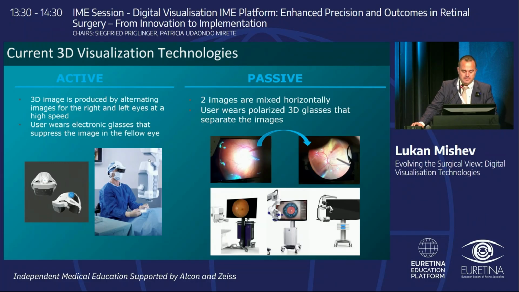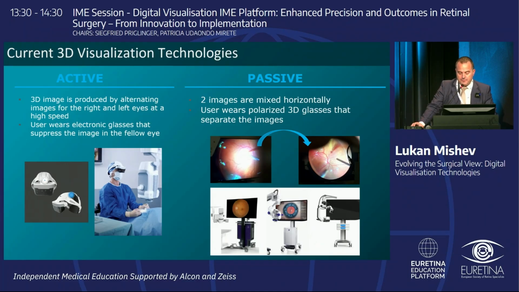So in the current format, we have two, I wouldn't say competing systems, but two options which we can use: active or passive. First on the surgical field were the passive devices, meaning that we are using a passive 3D screen and polarized glasses. The other option is active glasses or active shutter technology, where you don't use polarizers, but you have shutters on the left and the right eye, which are continuously closing.